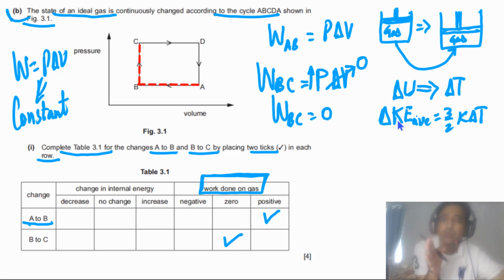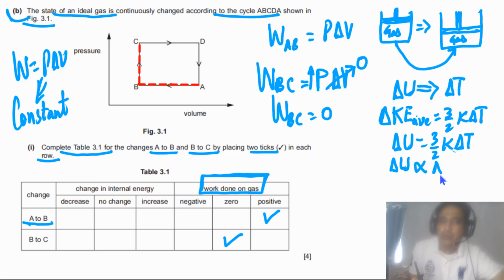Ideal gases do not have potential energy, so they have only kinetic energy. So we can say delta U is also equal to 3 by 2 K times delta T. As 3 by 2 K is constant, delta U is directly proportional to delta T, temperature in Kelvin. So this is the point you need to understand to find the change in internal energy.